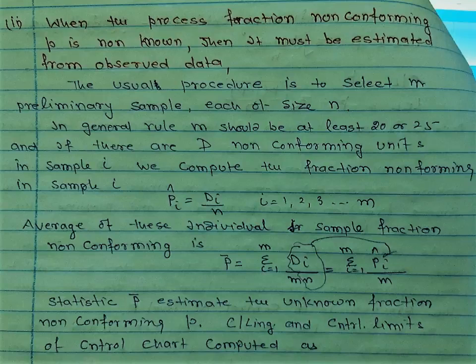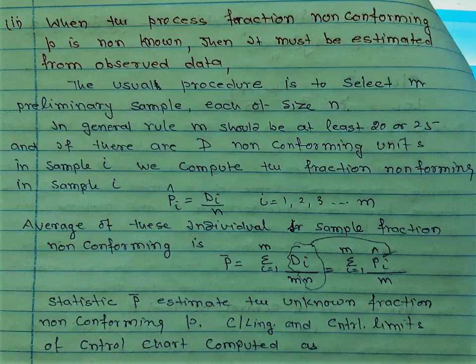So as a general rule, m should be at least 20 or 25, and if there are D i non-conforming units in sample i, we compute the fraction non-conforming in sample i with this formula. So for a particular sample, we calculate the fraction defective, the ratio or the proportion.